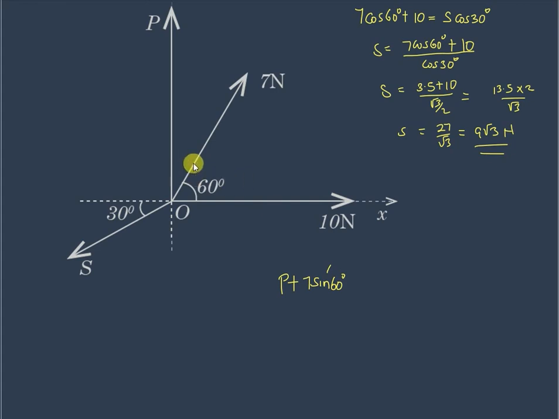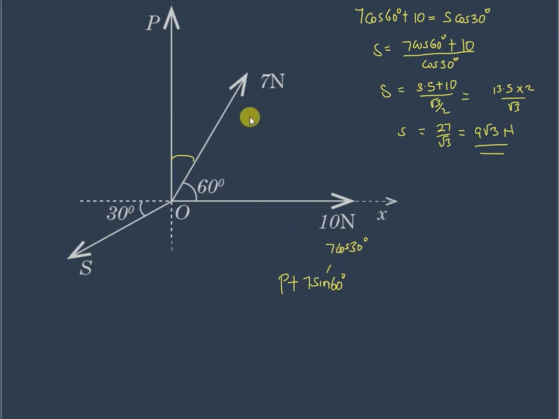I could write this as 7 cosine of 30 degrees, because from the definition of a component, the component of the 7 newton force along the vertical is given by the product of the force itself times the cosine of the angle between the force and the direction in consideration, in which case this time it is the vertical. So you can have this or have this.